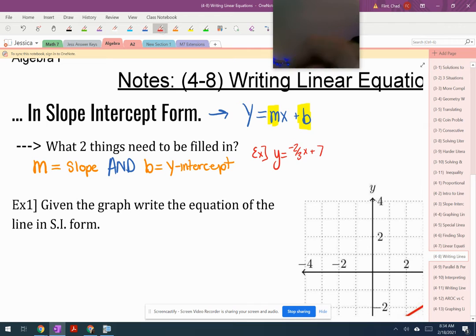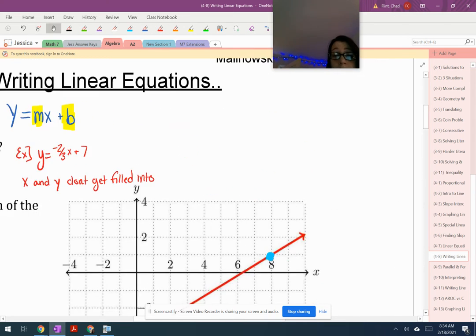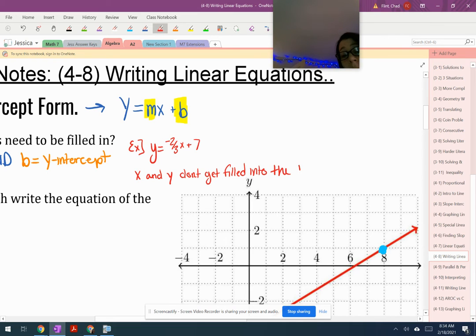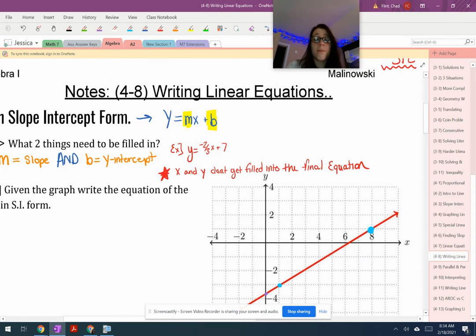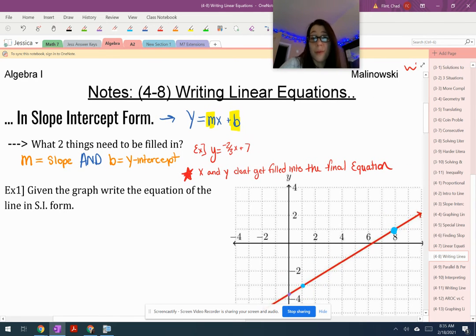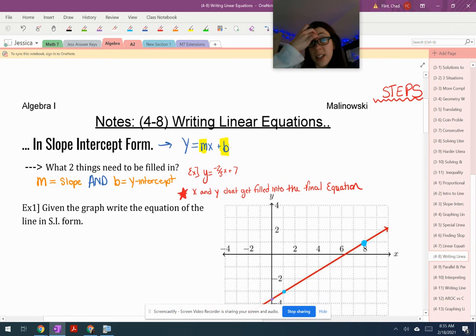Let's just make a note of that here too: x and y don't get filled into the final equation. We are going to put things in for x and y throughout the process of writing the equation and finding the pieces we need, finding the m and the b. But in our final answer, the x and y stay as x and y.